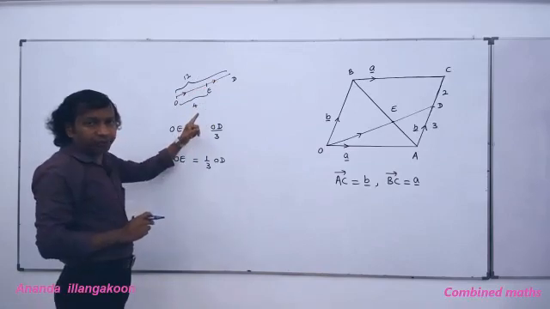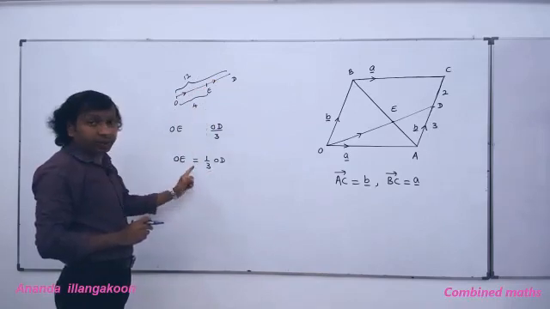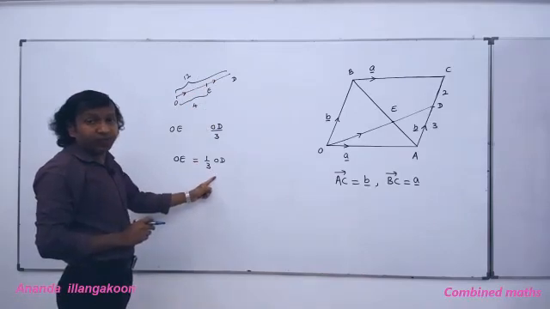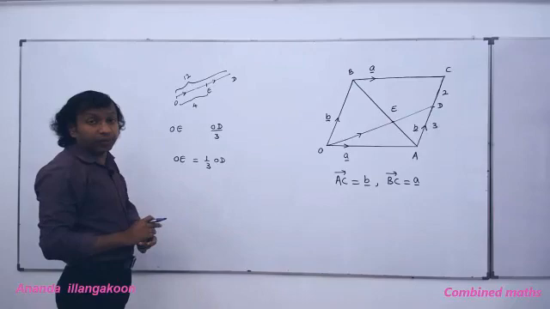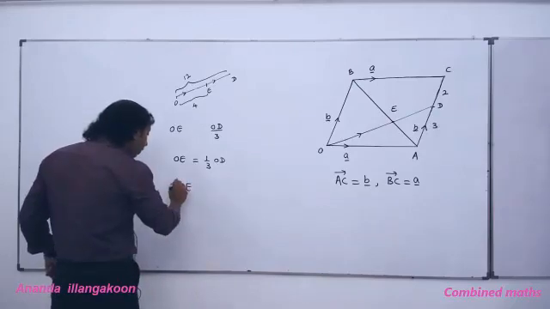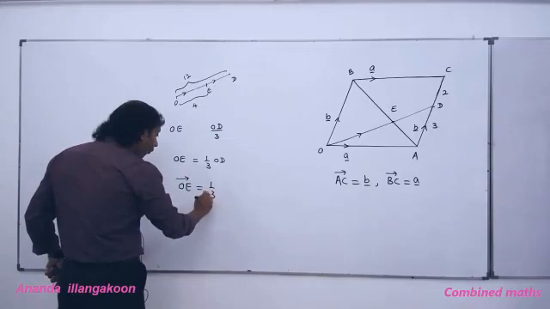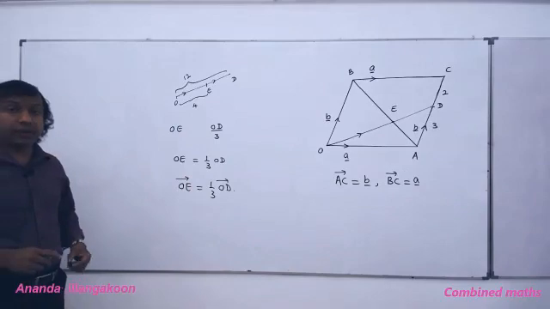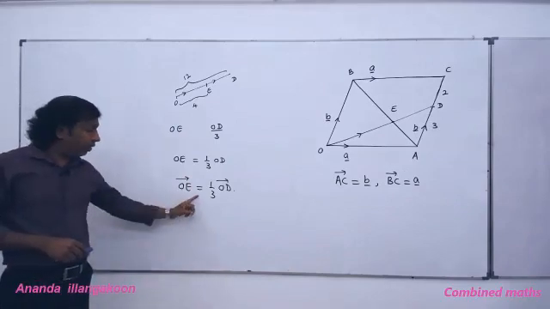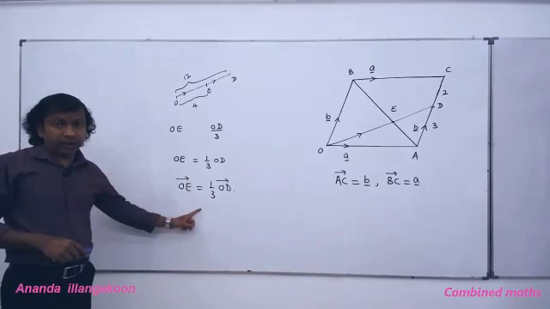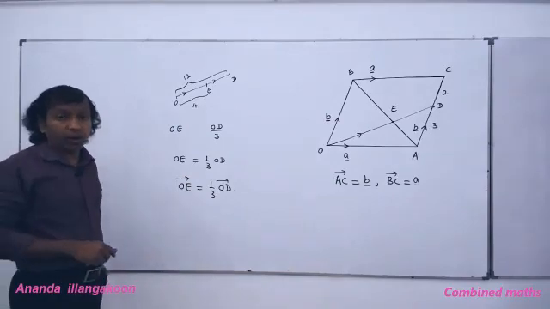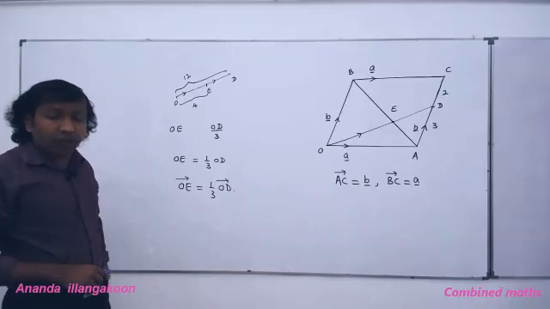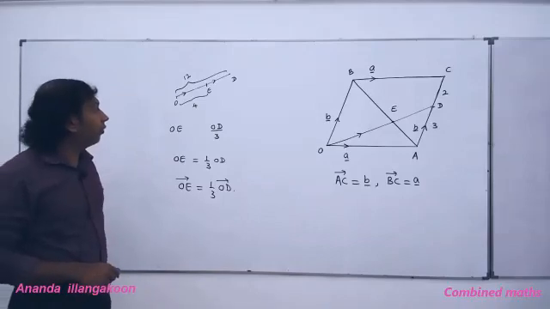So in the diagram there are two properties: the line segments are parallel and the directions are the same. And this says the lengths are related. So when we take all three properties together, we can write the OE vector is equal to 1/3 the OD vector. This vector relation contains all the properties.